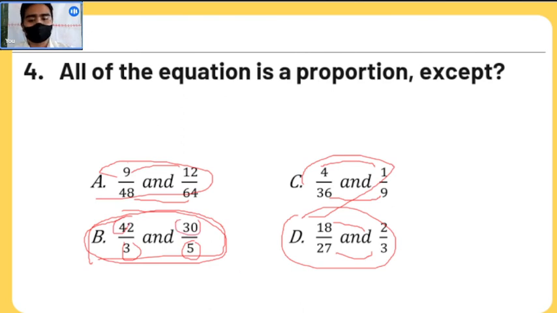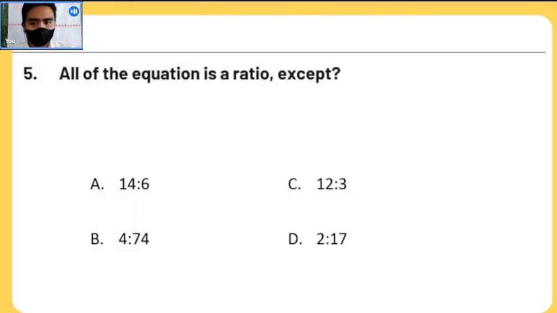Last, all of the equations are a ratio except A, 14 is to 16, 14 is to 6. B, 4 is to 74. C, 12 is to 3. D, 2 is to 17. What's the answer? It's time already, I know, but before we leave, what is the answer? D?